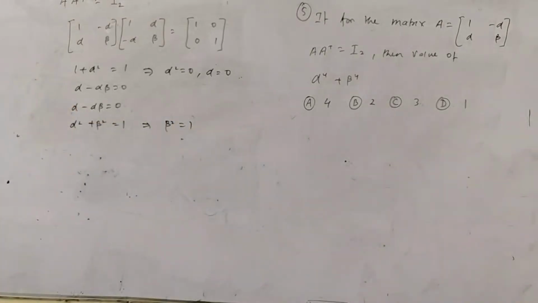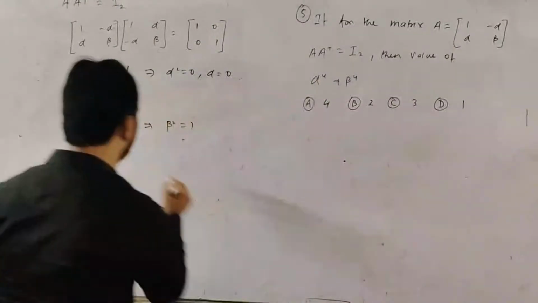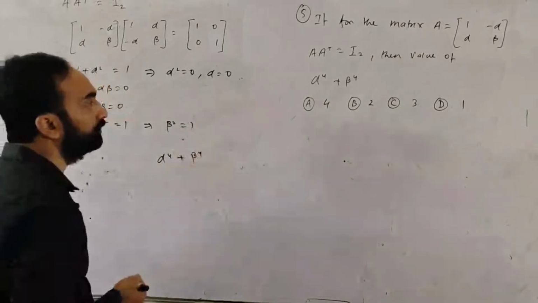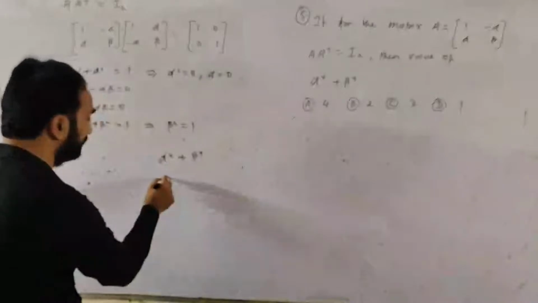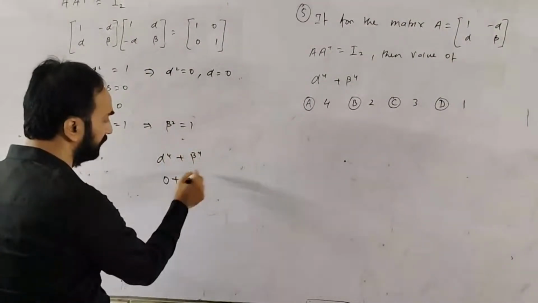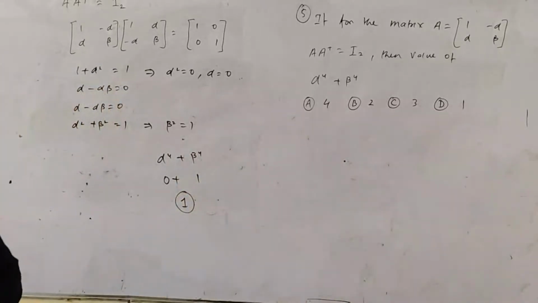But how much are they asking? They are not asking alpha and beta. They are asking alpha to the power 4 plus beta to the power 4. So 0 to the power 4 will become anyway 0, and this is 1 to the power 4, right? Beta square is 1. So final answer I think is 0 plus 1, that is 1.